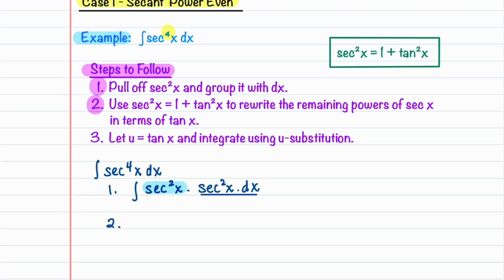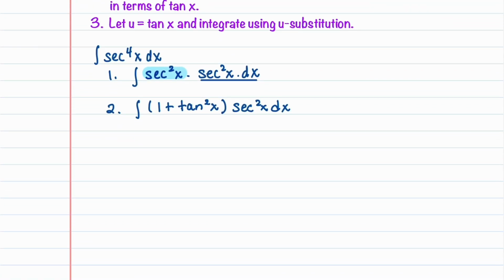In step 2, we're going to rewrite our secant squared x that I have highlighted in blue as 1 plus tangent squared x. I wrote that up here on the right in this green box. And then we have our secant squared x dx. Let's go ahead and make this into two integrals.